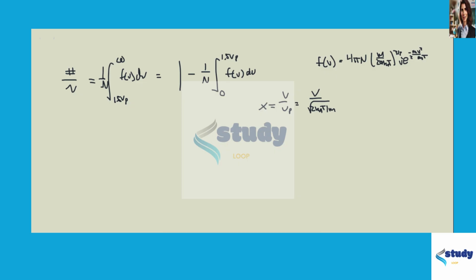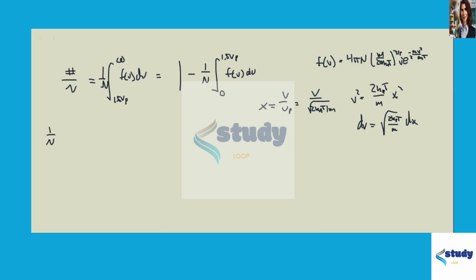With this substitution, v squared equals 2 kB T over m times x squared, and our differential changes as dv equals the square root of 2 kB T over m dx.